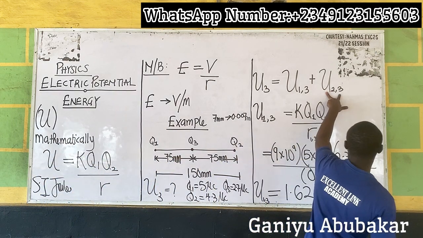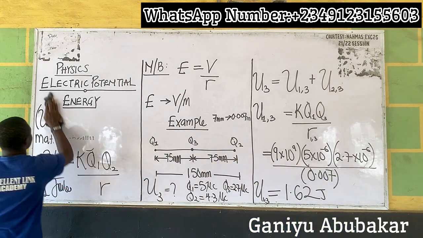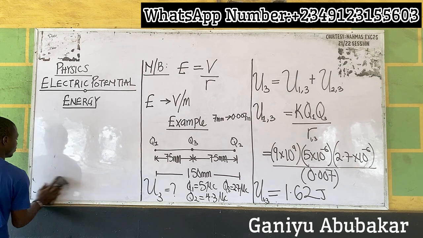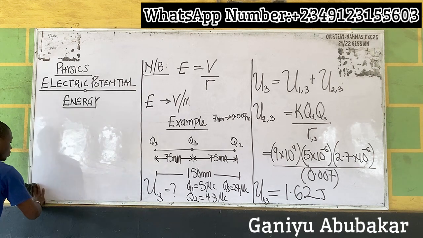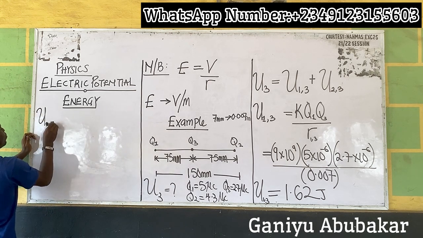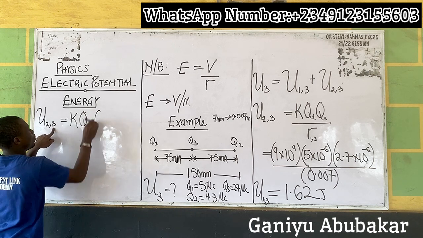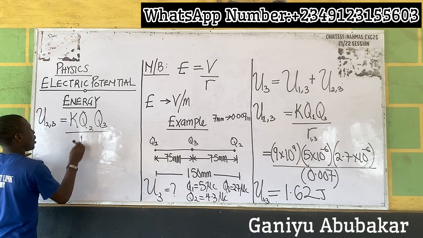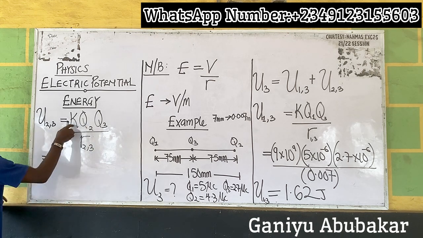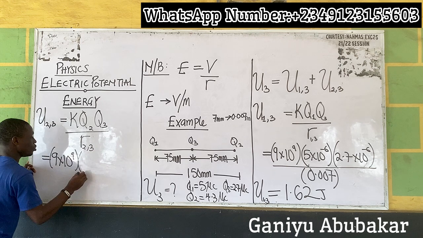Let's get U23. U23 is equal to K Q2 Q3 all over r23. This is now equal to K, which is 9 times 10 to the power 9, into Q2.